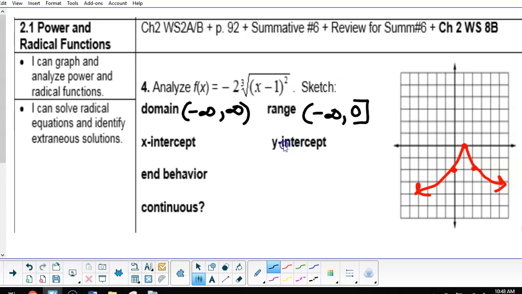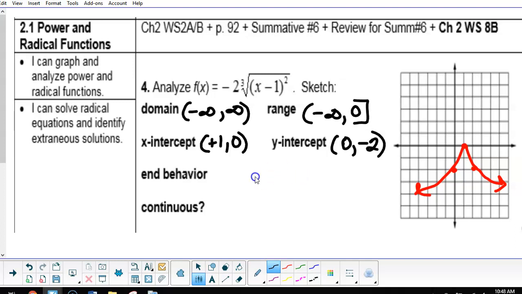Okay, x-intercept, where did it cross the x-axis at? -1, 0, and the y-intercept was 0, exactly -2, right? Like I said, I think the one on the quiz, it's an ugly decimal, but.